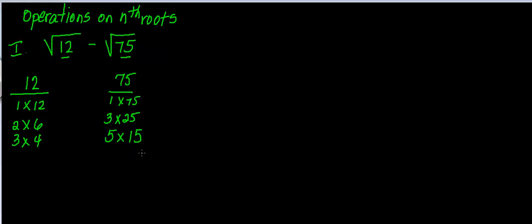And now I have to choose which of these pairs I'm going to use to rewrite 12 and which of these pairs I'm going to use to rewrite 75. And how do I do that?